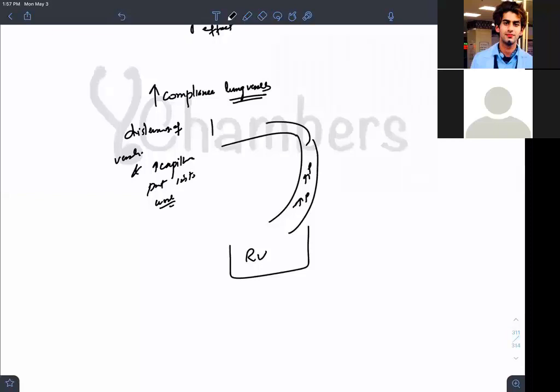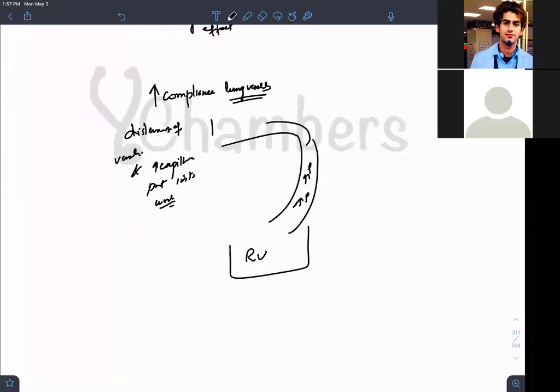Once you are doing an exercise, the pressure in the pulmonary bed will not be so much, because you are giving high cardiac output. What a beautiful concept. This medical science is so beautiful. Once you are doing the exercise, what will happen? You are giving more cardiac output.